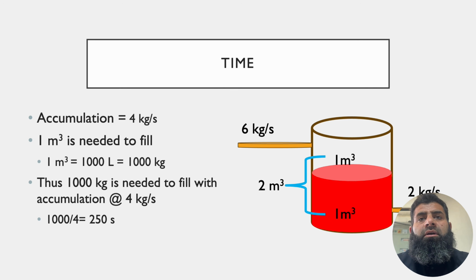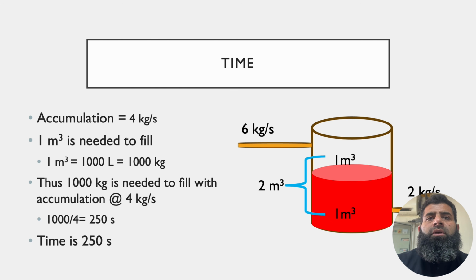So the 1 cubic meter of the leftover, unfilled tank will be filled in 250 seconds. Afterwards you can easily convert seconds into minutes and minutes into hours, depending upon the question. As we only talk about time, second is the basic unit of time. So we have come to the conclusion that 250 seconds will be needed to fill the tank.